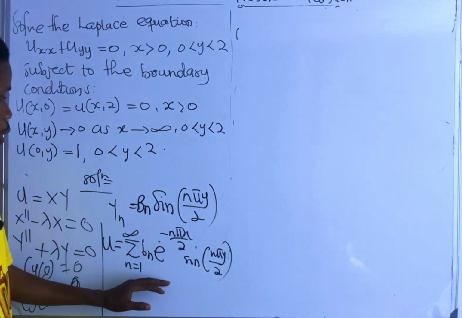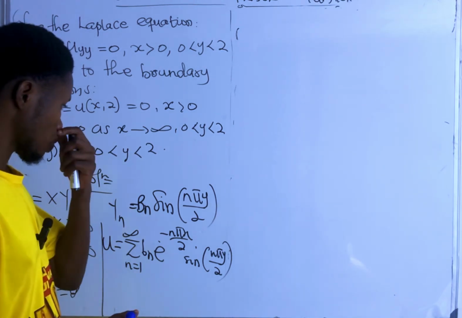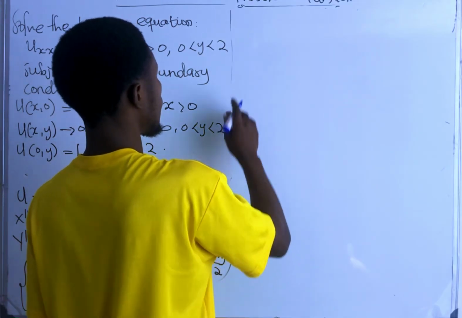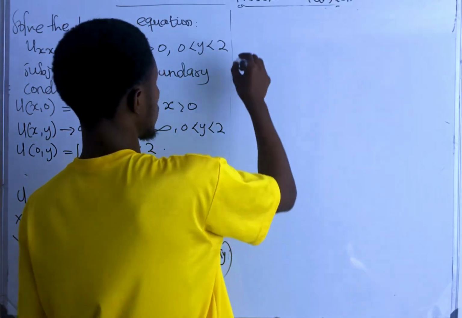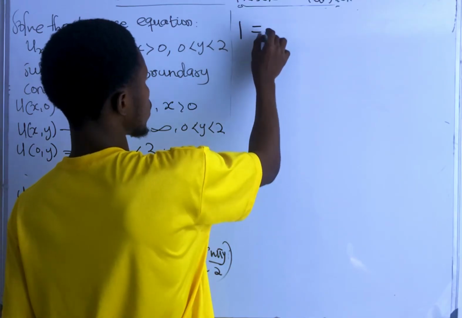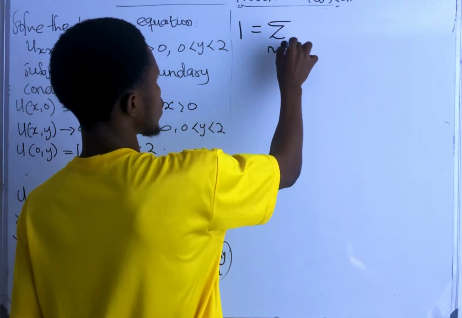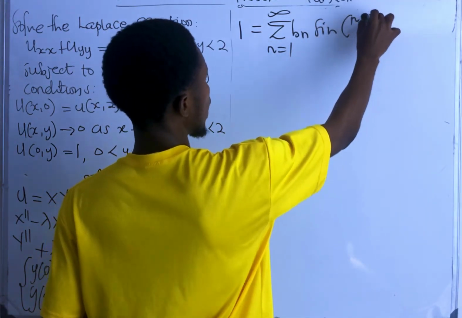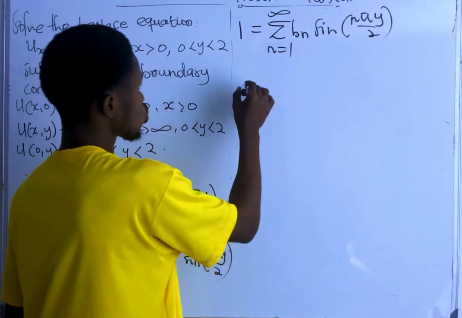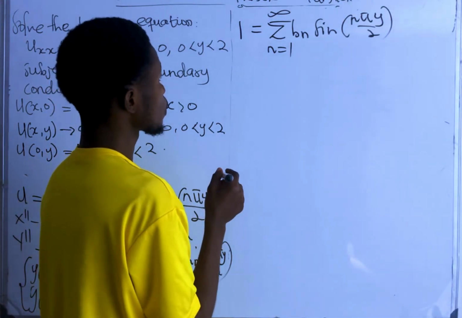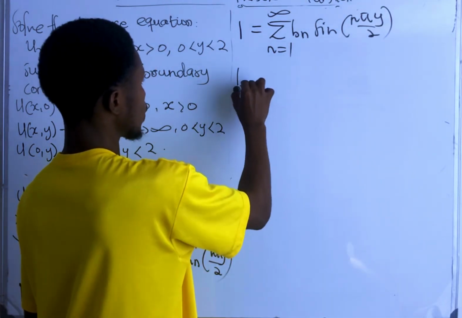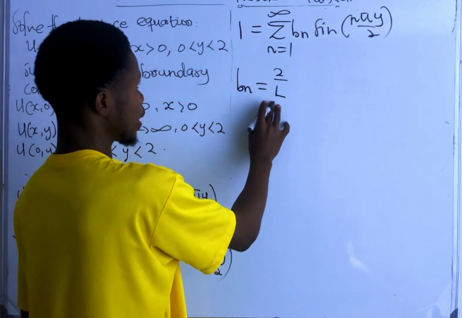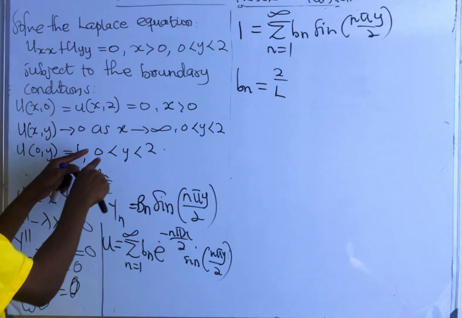So I have it here already. Let me rewrite this. When you do the substitution, you have 1 equals the sum from n to infinity of bn sine n pi y over 2. This is what we have. So we are going to use Fourier sine. So my bn is equal to 2 over L. But here, remember our L, this is the boundary given, 0 to 2.